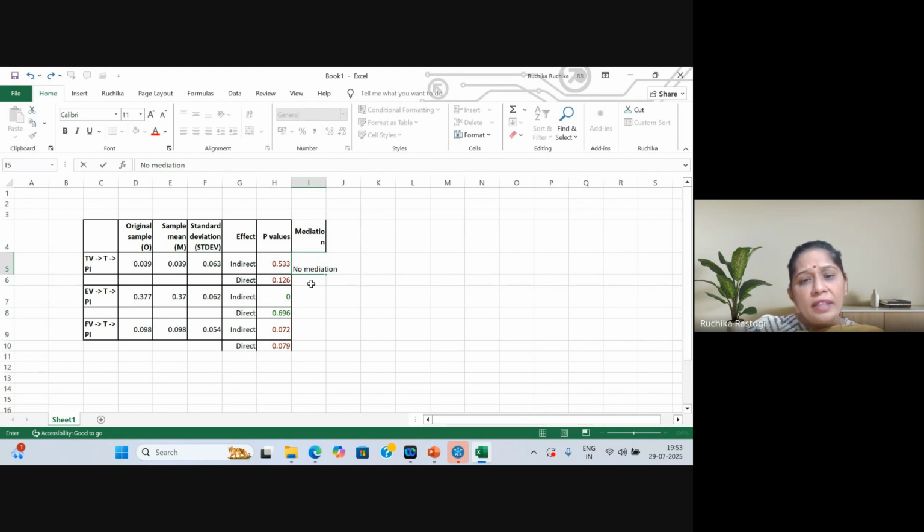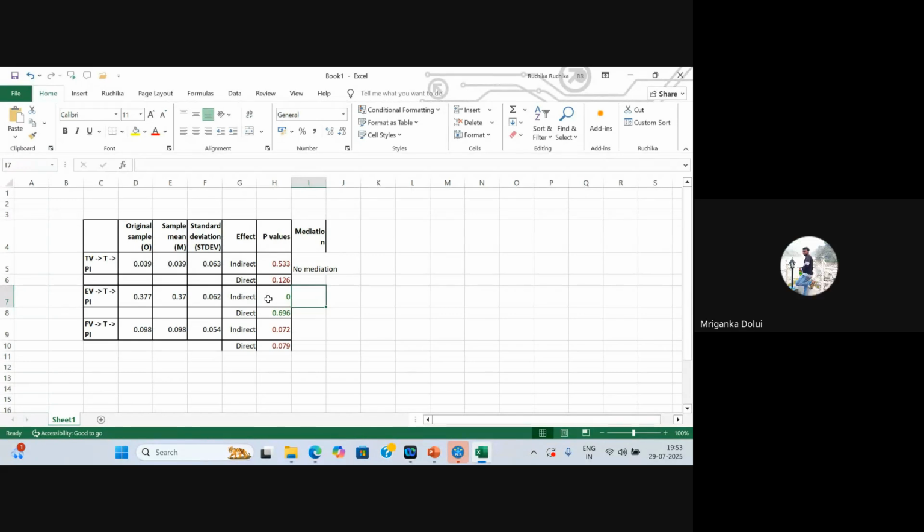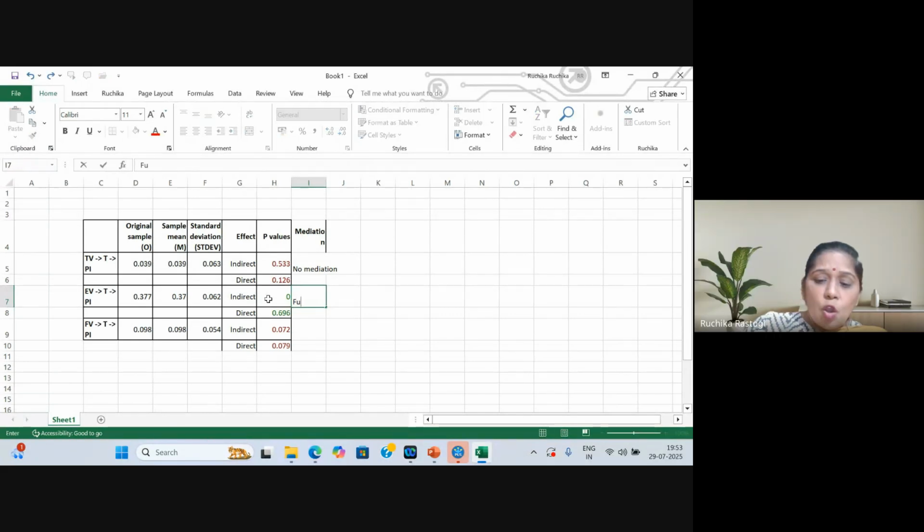Then we will not check the direct value. Now, for the second one, is it significant? Yes, the p value is 0, so it is significant. That means full mediation. And the last one, 0.072, again it is more than 0.05. No mediation.